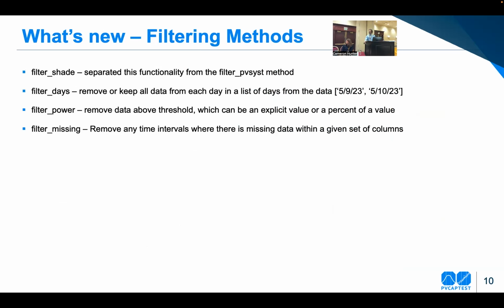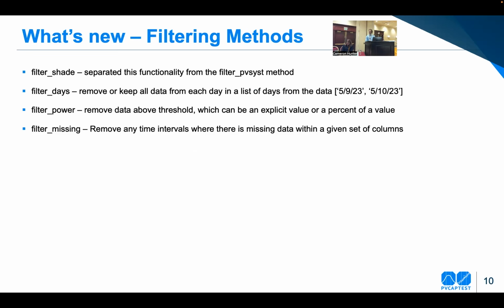There's a few new filtering methods. There's a filter shade method that's specific to PVsyst and was just broken out from a larger function. Filtering days is easier now. If you have a week of nice clear sky data and you have 2 days in the middle of that that are cloudy and you just want to take those 2 days out instead of doing some other kind of filtering for clear versus cloudy weather, you can do that.